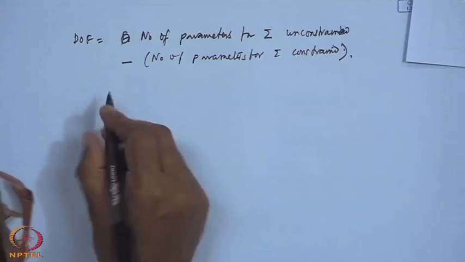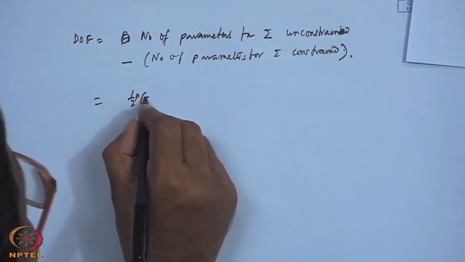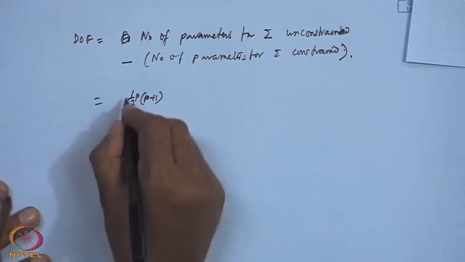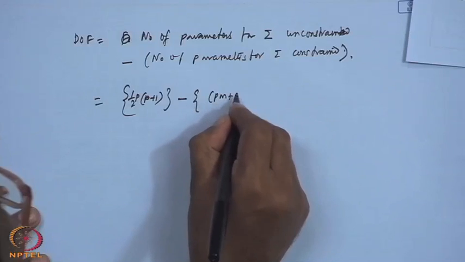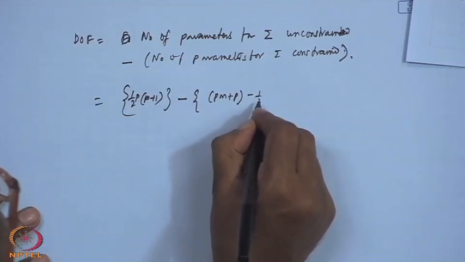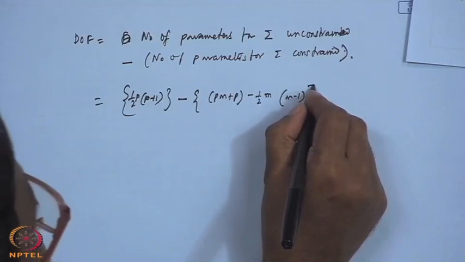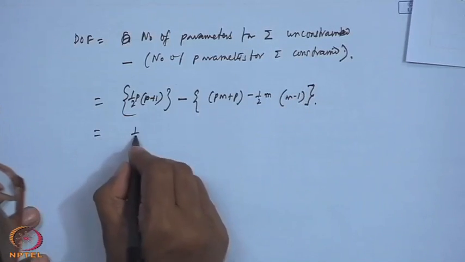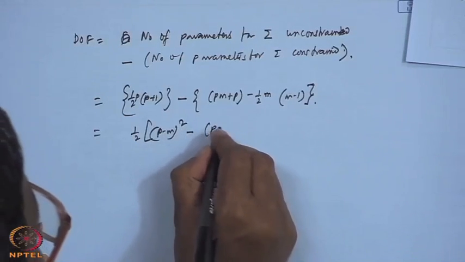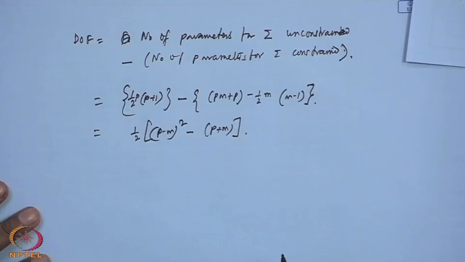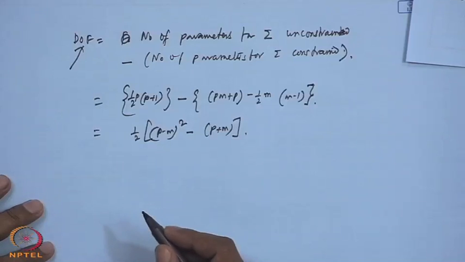In the unconstrained case, the total number of parameters will be half p into p plus 1, and when you make a constrained case, that is pm plus p minus half m into m minus 1, and this will lead to half of p minus m square minus p plus m. So, this is the degrees of freedom available.